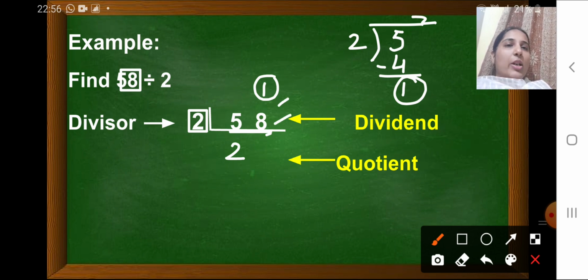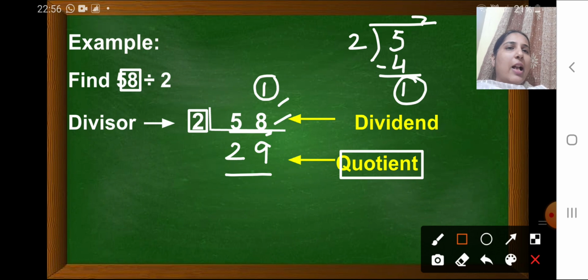In the multiplication table of 2, how many times will you get 18? Yes, 2 nines are 18. So that 9 we will write here. So this 29 is our quotient, because now there are no digits left in the dividend and there is no remainder.